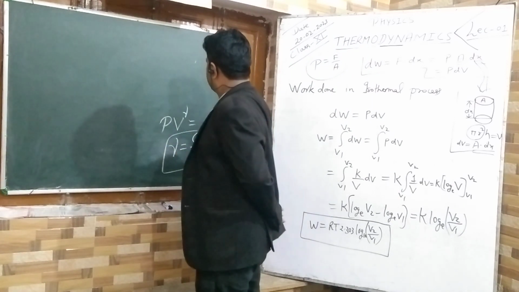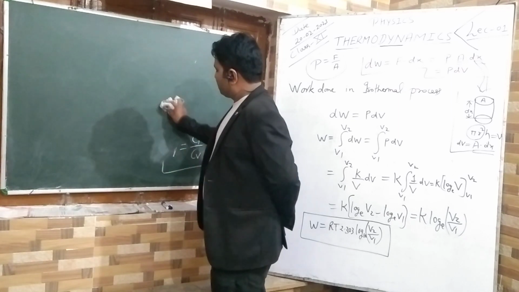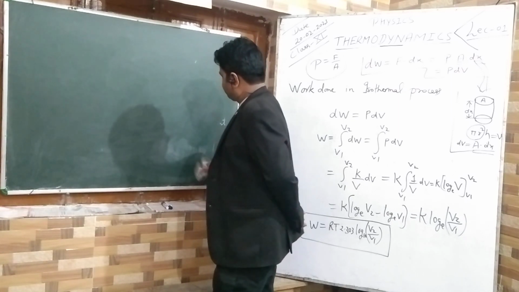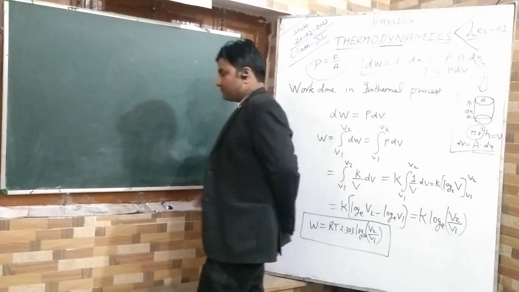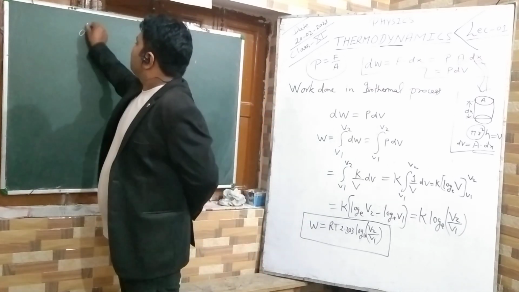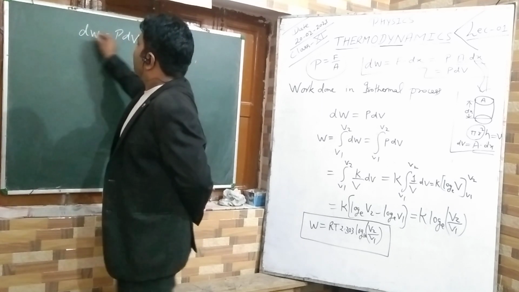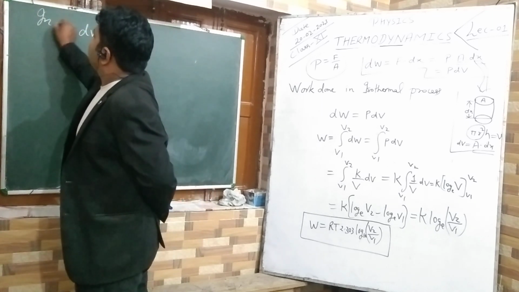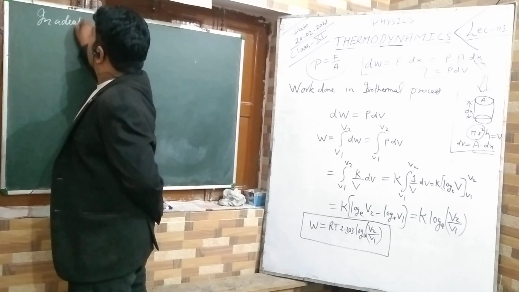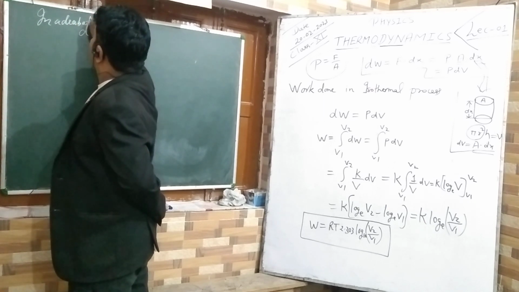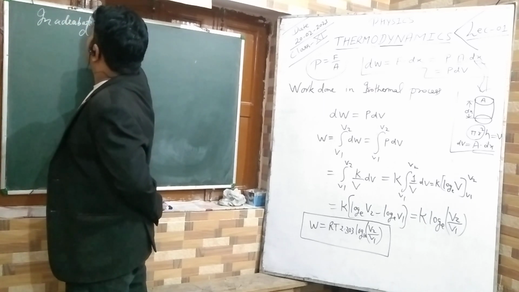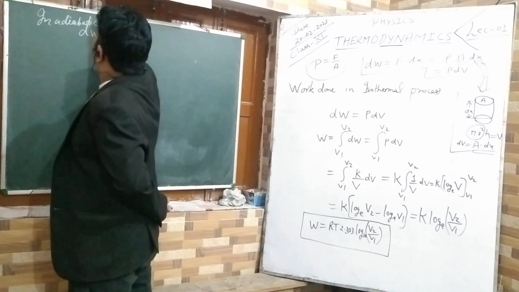Adiabatic process has a specific equation, PV power gamma equal to a constant. Small amount of work done, dW equal to PdV in adiabatic process.